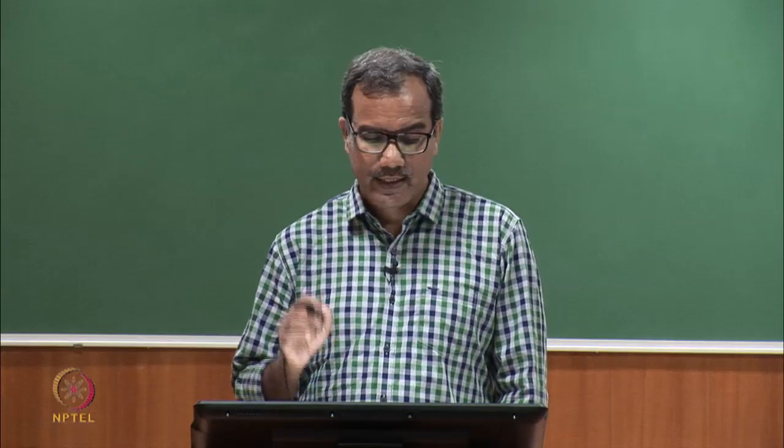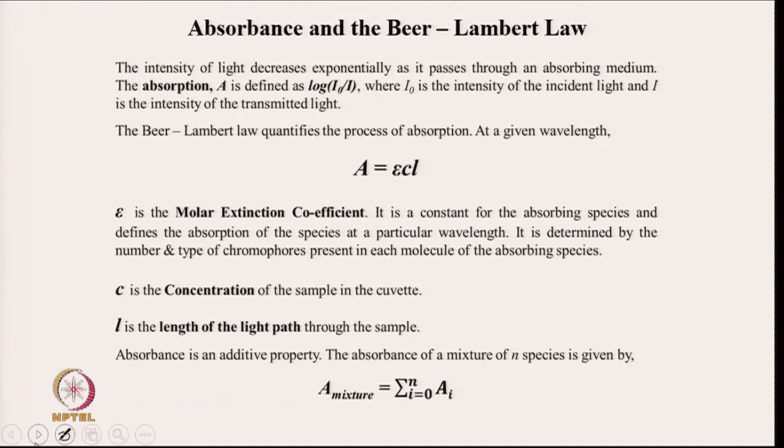Intensity of light decreases exponentially as it passes through an absorbing media. So, we have already written that I is equal to I naught exponential minus... if you remember, log I naught by I is equal to epsilon CL, and so let us just cancel this out.